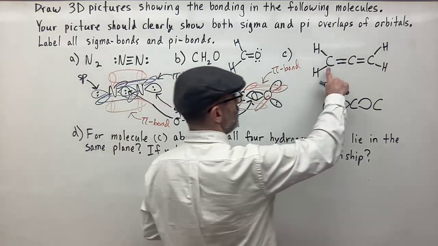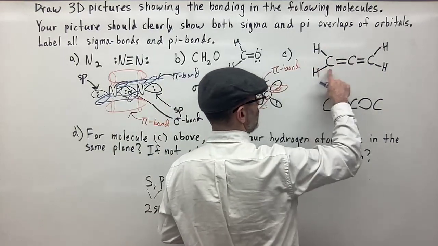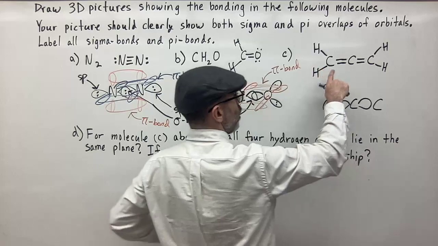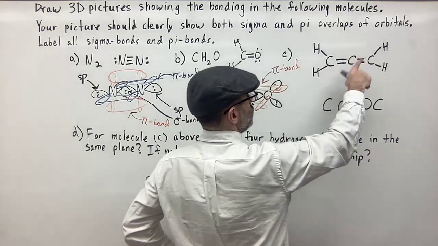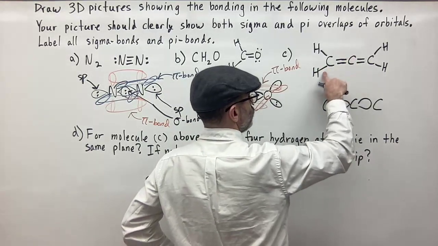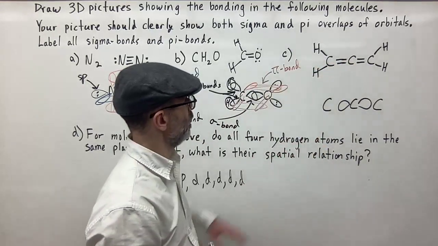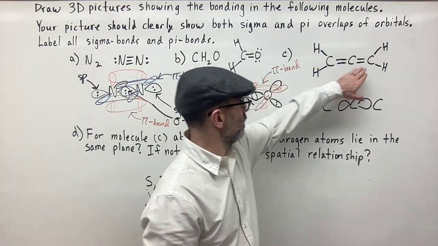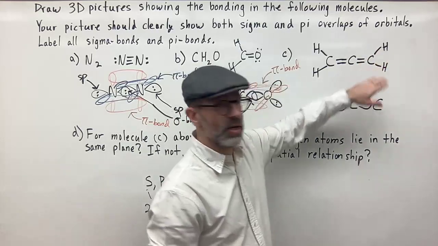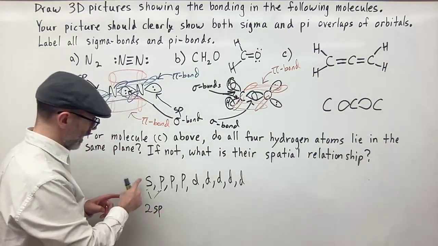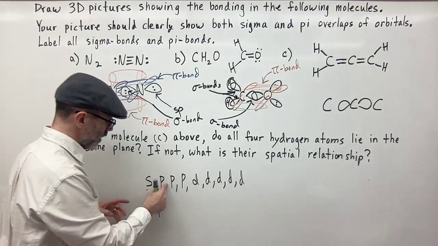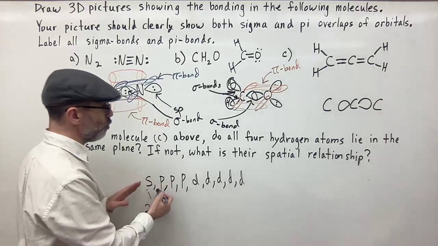And this carbon and this carbon are exactly the same structure. So same bonding pattern. So this carbon has 1, 2, 3 bonding groups, 3 groups total. So there we're going to have to take an s and the p and create sp2 hybridized orbitals.